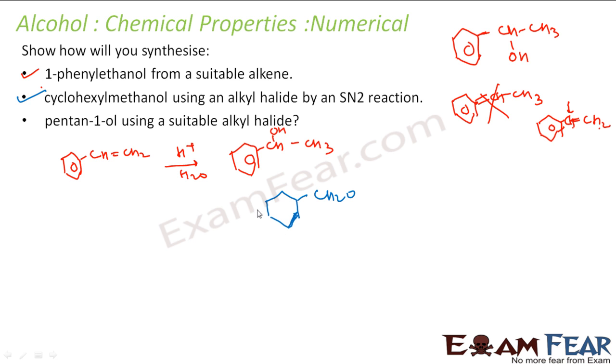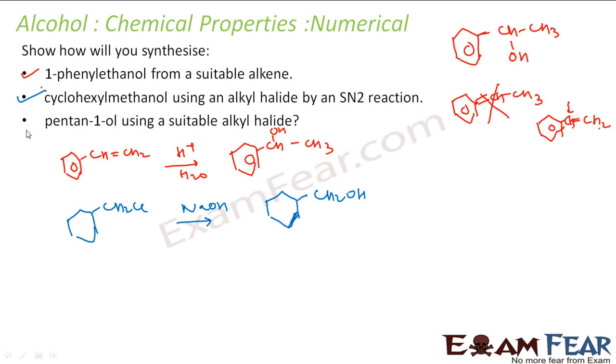Using SN2 reactions, what I can do is take CH2Cl instead of CH2OH here. And then I can treat with NaOH. This NaOH will replace the Cl to become CH2OH. Correct.